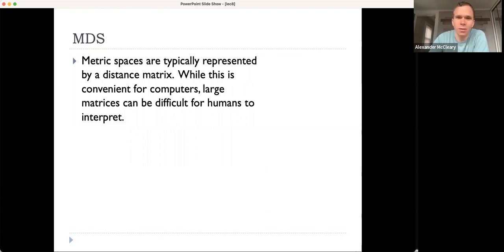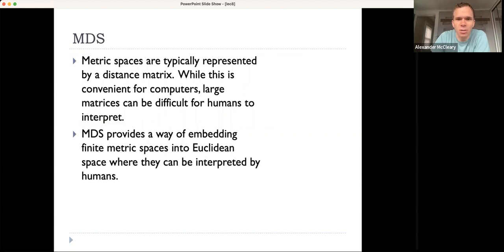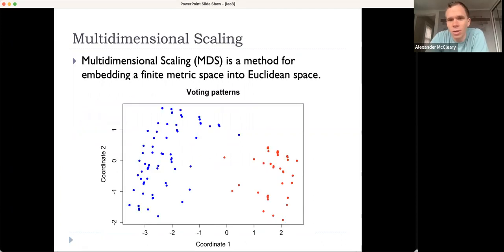Even for the Senate example, which is a small example, this would still be a 100 by 100 matrix, and that can be very difficult to spot patterns in and see what's going on. So the idea with multidimensional scaling is that we want to take this finite metric space, which is not necessarily embedded anywhere, and embed it into some low dimensional Euclidean space so that we can actually see what's going on.